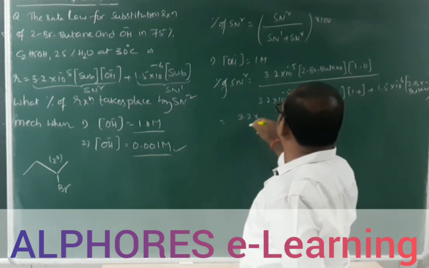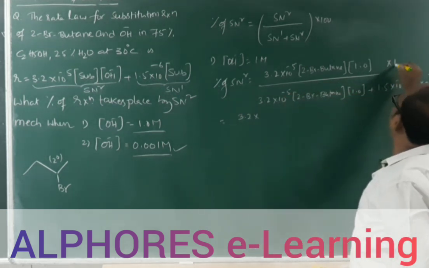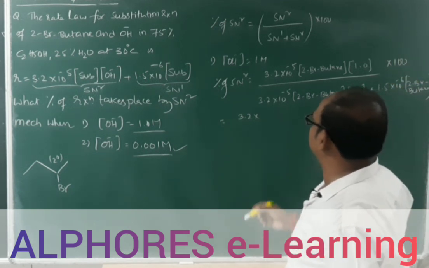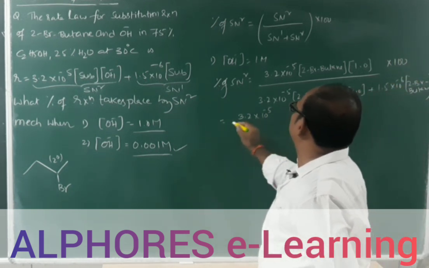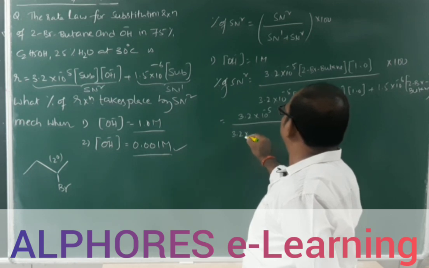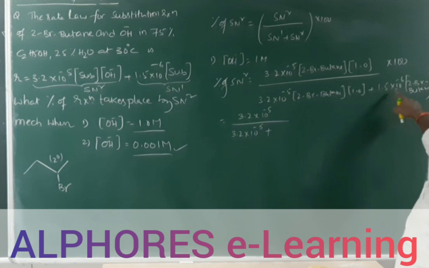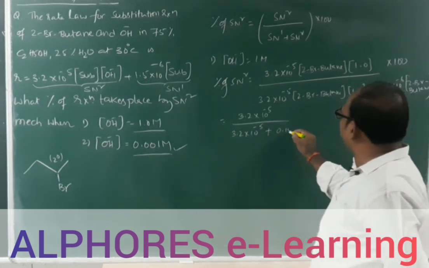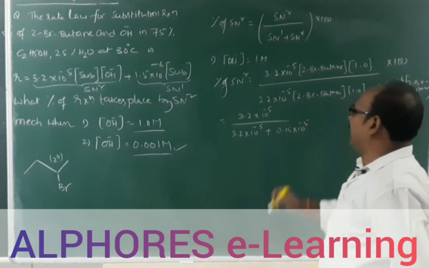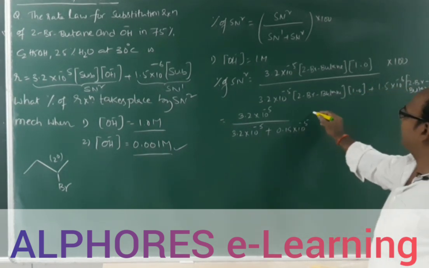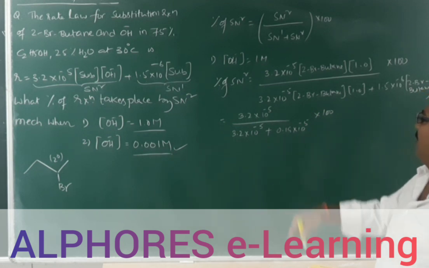Then what are we getting here? 3.2 × 10^-5. Here we need to keep 100 because of percentage. 3.2 × 10^-5 divided by 3.2 × 10^-5 plus 1.5 × 10^-6. I am going to consider this one as 0.15 × 10^-5. Then 10^-5 gets cancelled in both numerator and denominator.